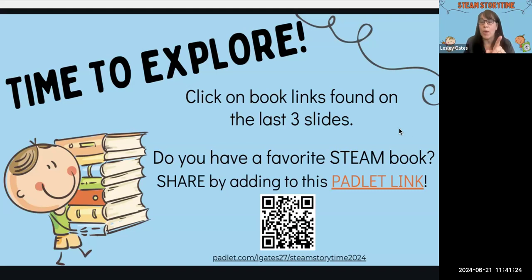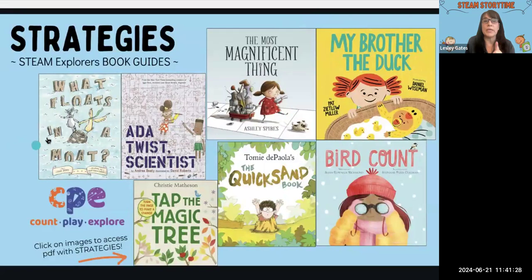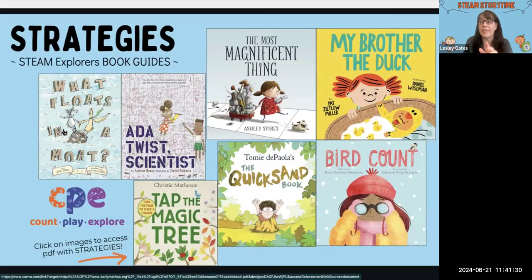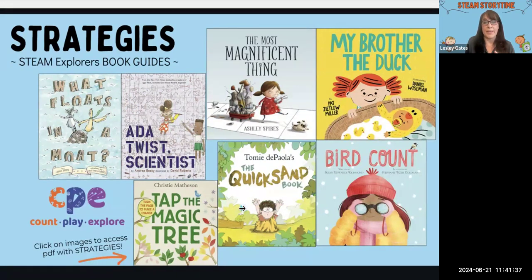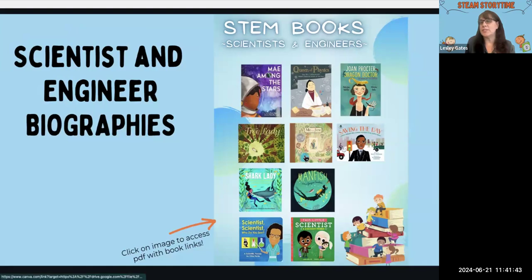Okay, so the question here, let me go back just to clarify. The only ones that will have the guide that I showed you are these books on this slide. So the STEAM Explorers book guides, these are the only ones that will have the guide that I showed you. These other ones will just take you to Amazon where you can look at the link or look at the book, read the description of the book.